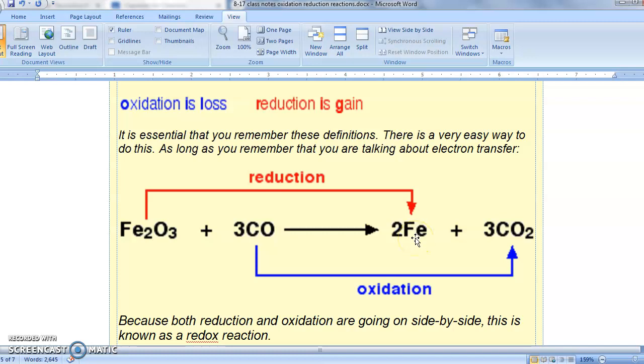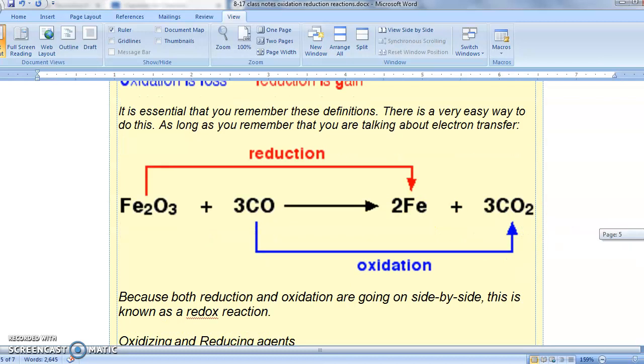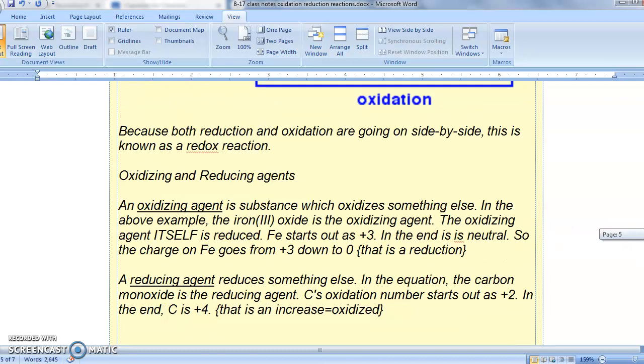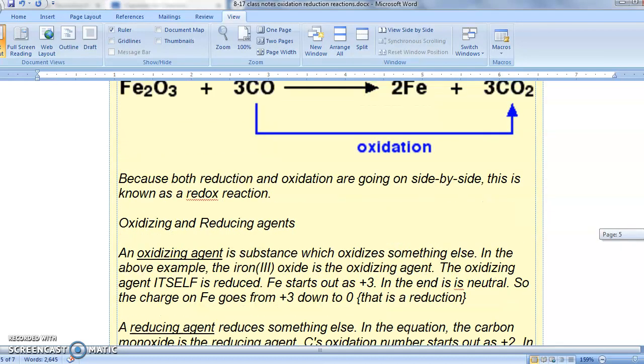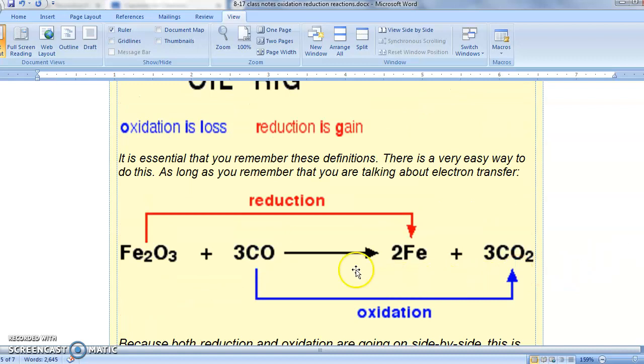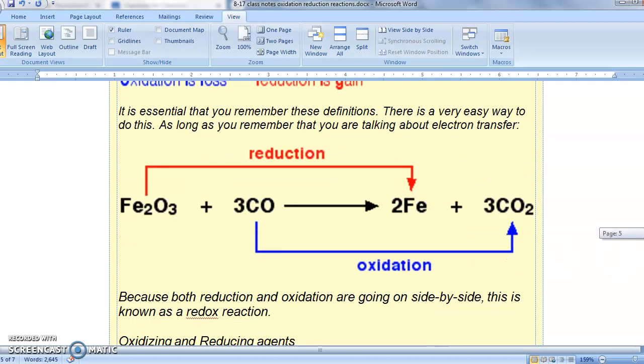It is now by itself as an element, so iron over here is 0 as an oxidation number. As it says down right here, iron starts at plus 3 and it ends up at 0. It went from plus 3 down to 0. The iron was reduced.